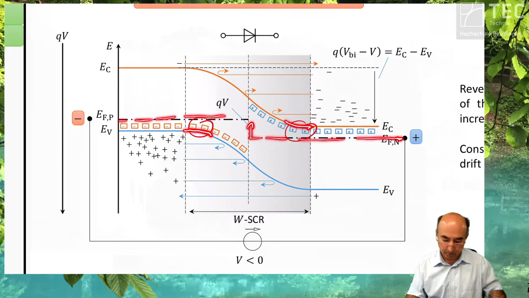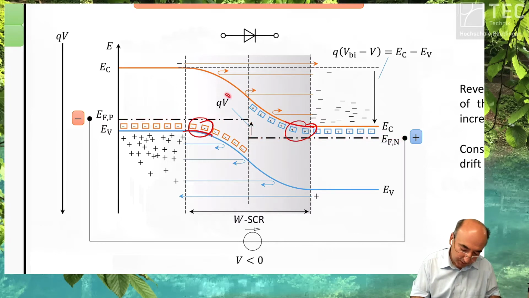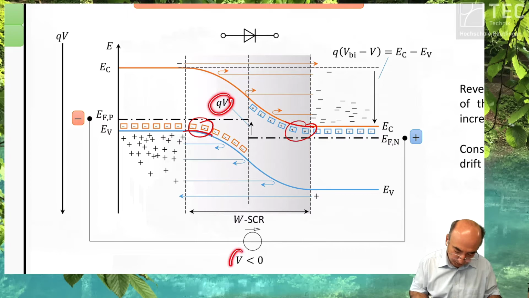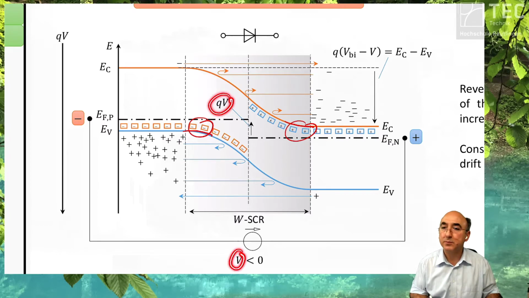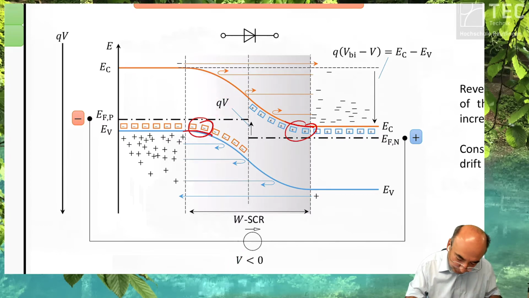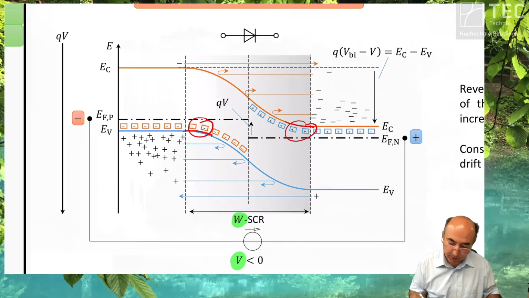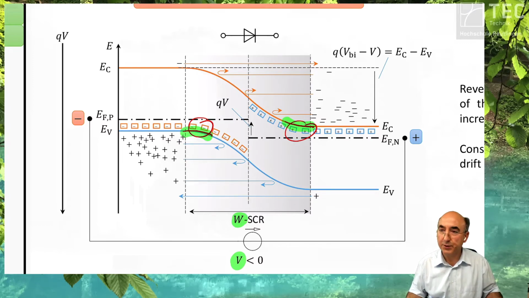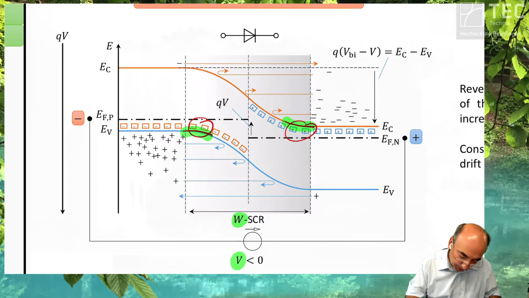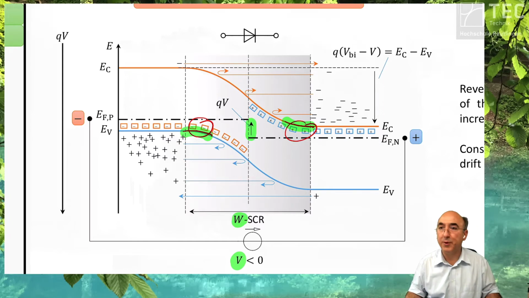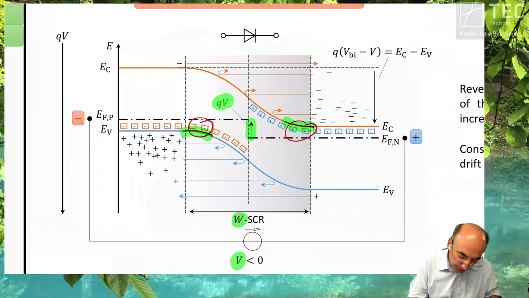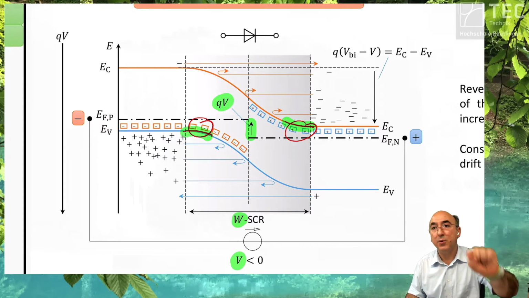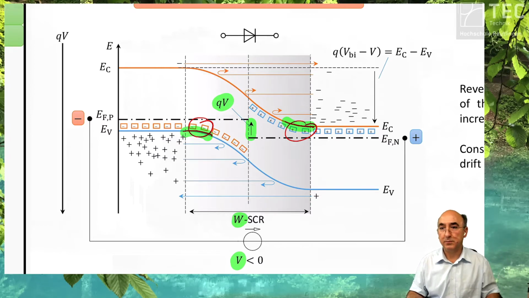This separation represents your applied voltage. Again, your applied voltage increases the space charge region. The space charge region increase has caused additional bending. This additional bending separates your Fermi levels, and the separation value is exactly your applied voltage.